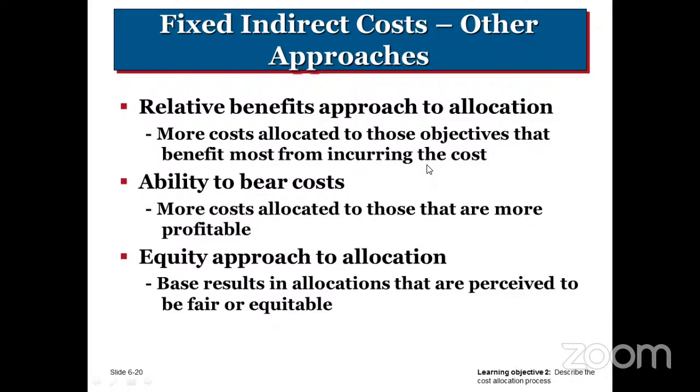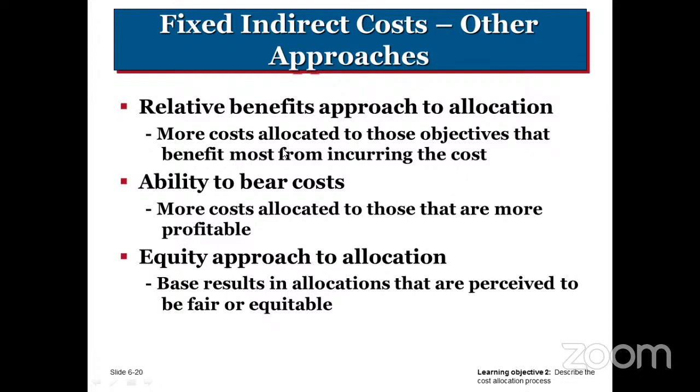If after study you find out that department A utilizes almost 80% of the HR resources, then you allocate 80% of the cost directly to department A, because it is more appropriate. Then the remaining 20% you use the simple method, dividing by the allocation base, to allocate to the rest of the departments.